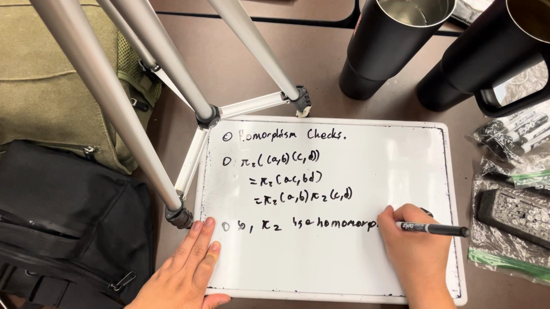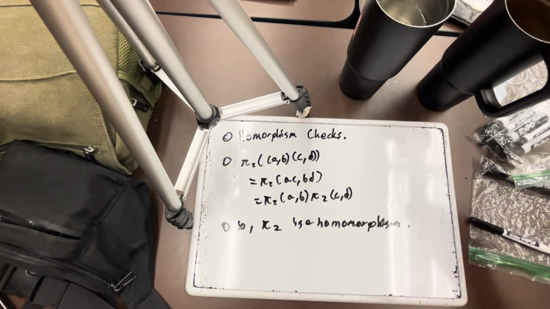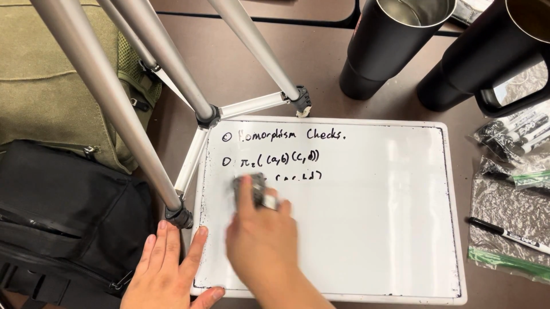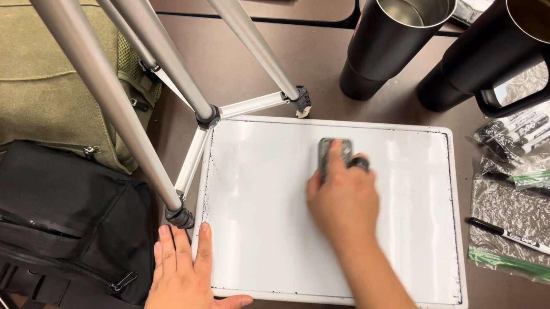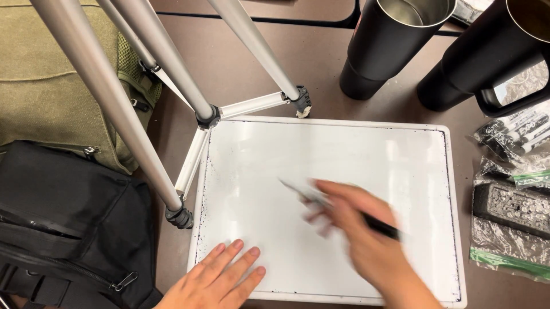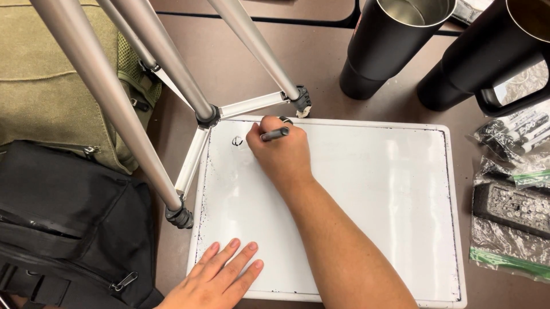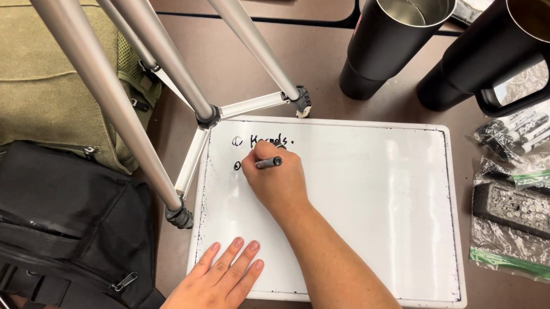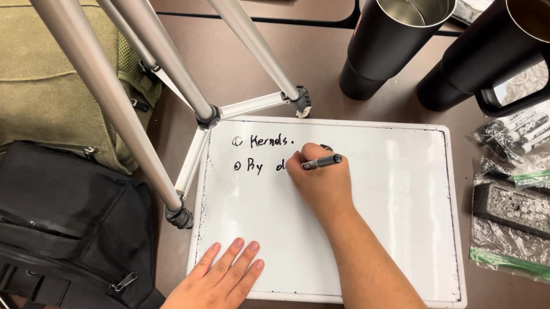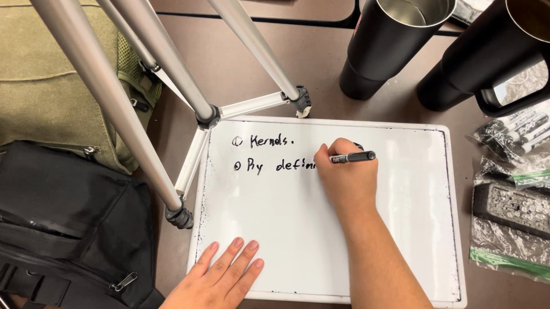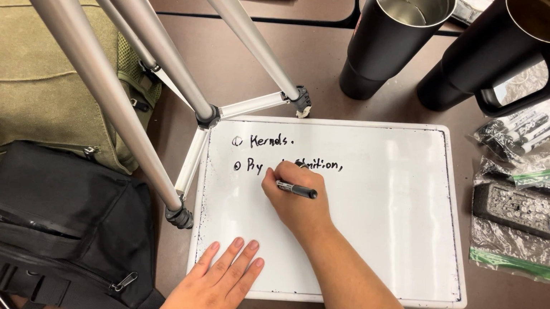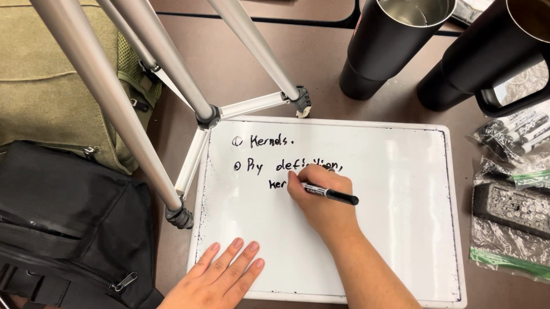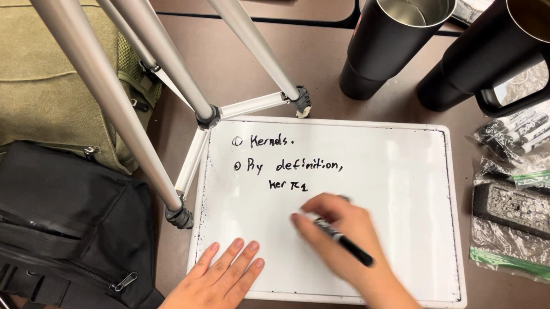All right? Now let's look at the kernels. So for the kernels here, by definition, the kernel of pi sub 1, what is that equal to?